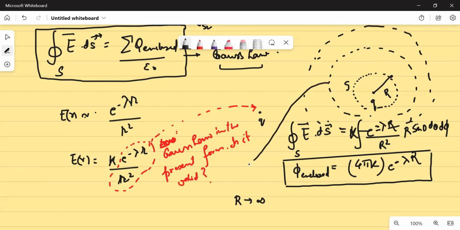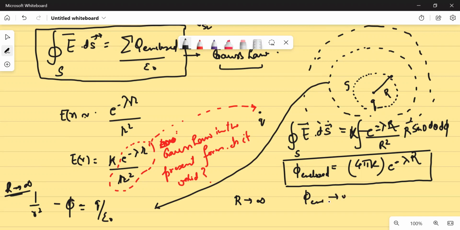If I had a 1 upon r square kind of variation, I knew that my flux would in any case be a constant value, equal to q upon epsilon naught, even if r tends to infinity. But here I'm seeing that as r tends to infinity, this flux enclosed goes towards 0 rather than being constant.